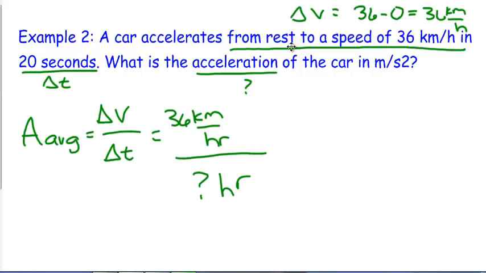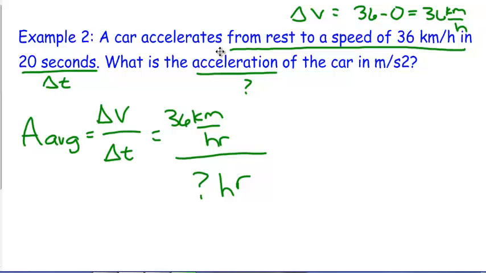I said from rest to a speed of 36 kilometers per hour is a delta v of 36. This time it starts at rest, so I take the final 36 minus the 0, and that's positive 36 kilometers per hour. 20 seconds is given to me as delta t, and then it asks for the acceleration.